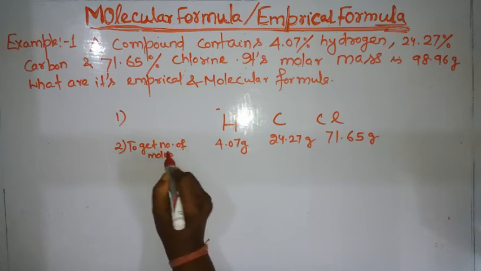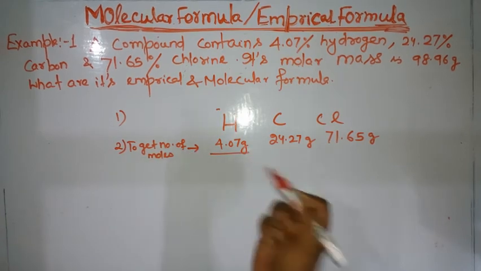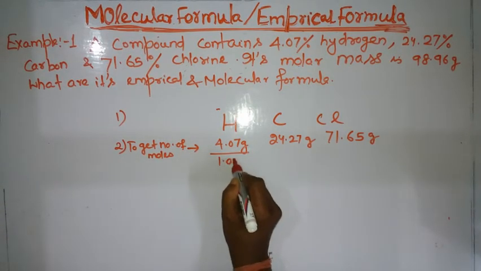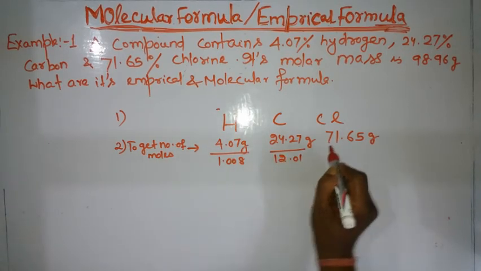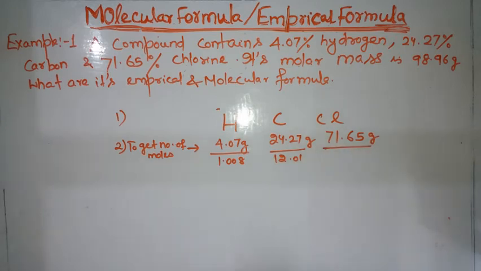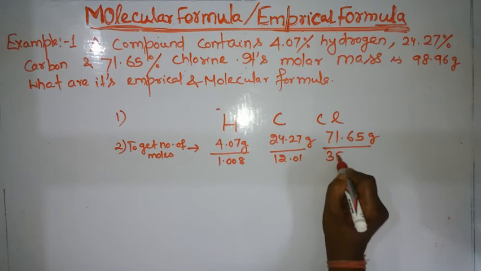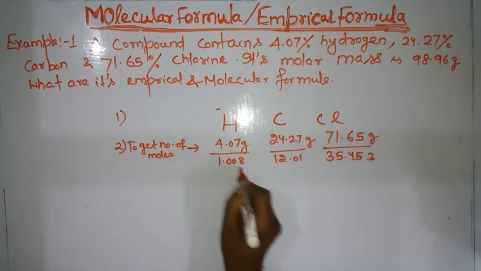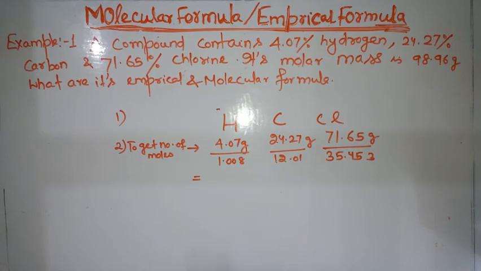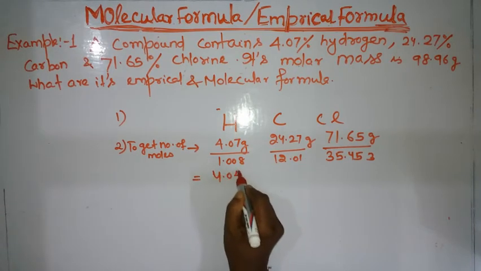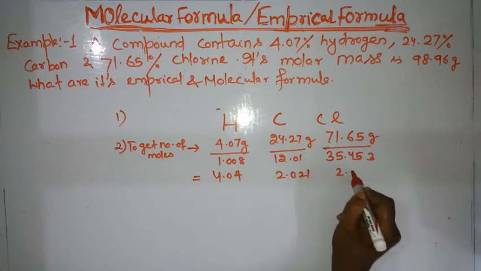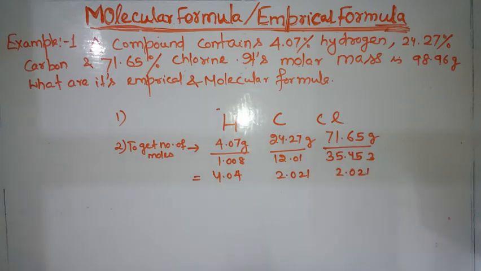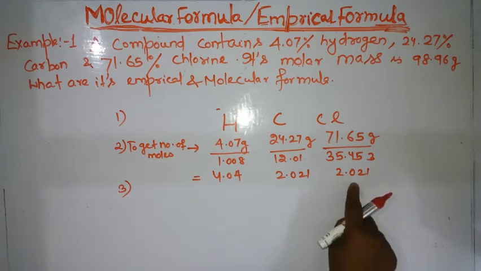Divide each by atomic mass: this is 1.008, in this case it is 12.01, and in this case it is 35.453. The number of moles here will be 4.04, this is 2.021, and in this case it is 2.021.